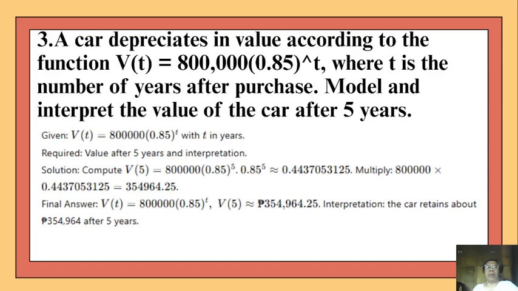The value after 5 years of the car is 354,964 pesos and 25 centavos. So, interpretation: the car retains about 354,964 after 5 years. We will have the next part of this lesson, quarter 2, numbers and algebra, lesson 11.